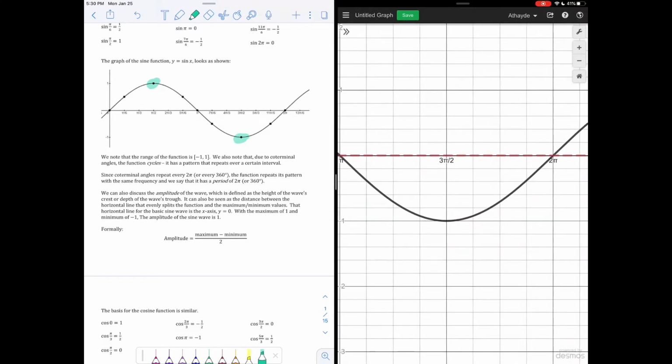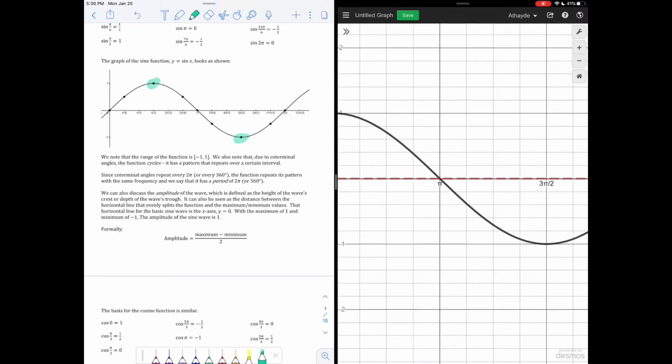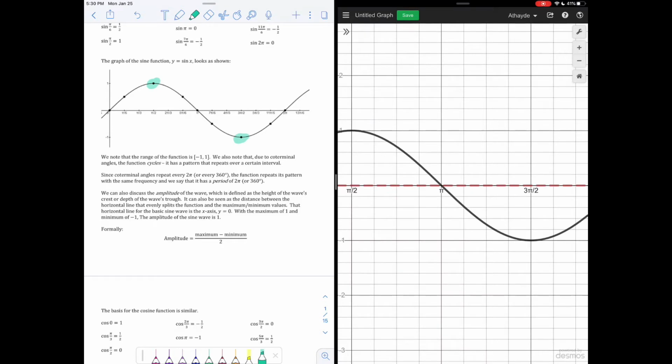So that is our measure of what's called amplitude. We can find it formulaically, as is stated in the notes. It's maximum minus minimum divided by 2. And we'll see later on when we're given equations, we might have a faster way to get there. So the amplitude of a regular sine wave is 1. Maybe that gets modified as we have transformations.